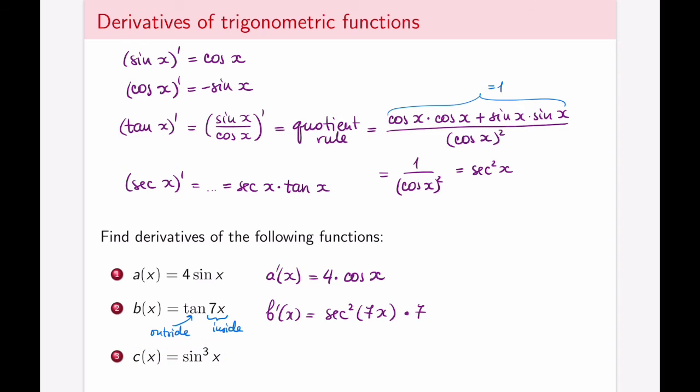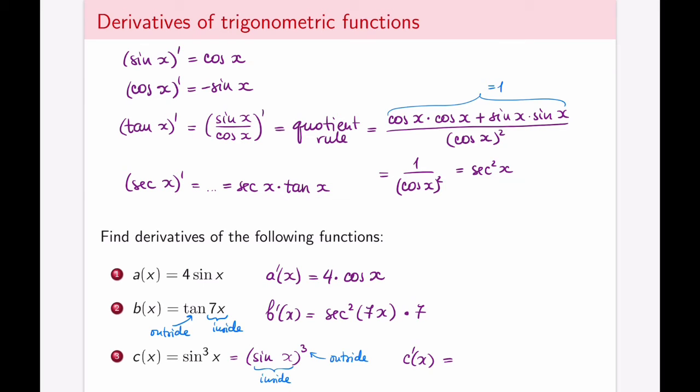For this next one here, I have sine cubed of x. Now, this notation sometimes gets a little confusing because of where we place the power on the trig functions. So for the first few examples, I recommend rewriting it so that the power is visibly the power of the entire sine of x, because this makes it clear that now my inside function is the sine and my outside function is the power, which will then dictate the order with which I'm going to compute derivatives using the chain rule.